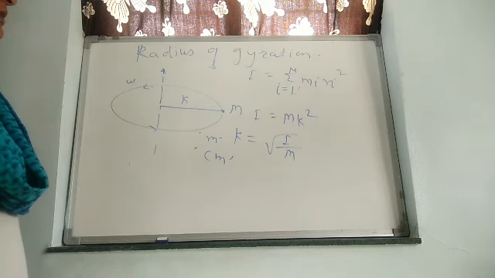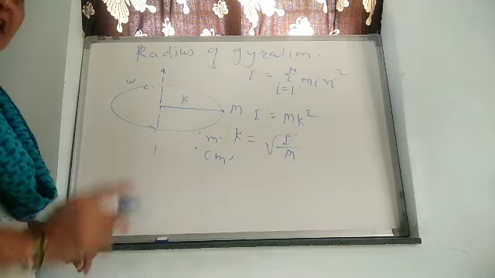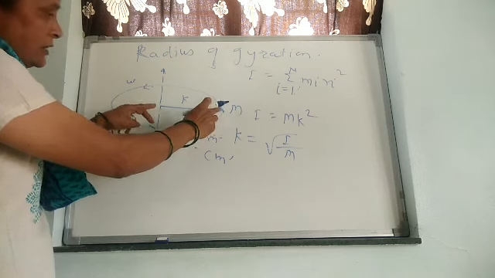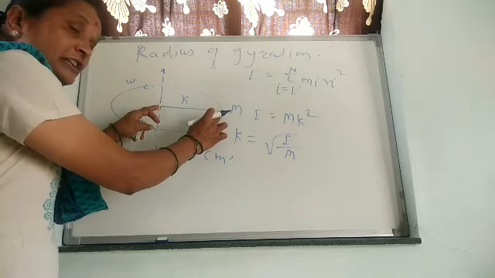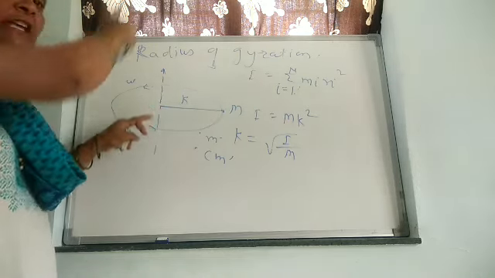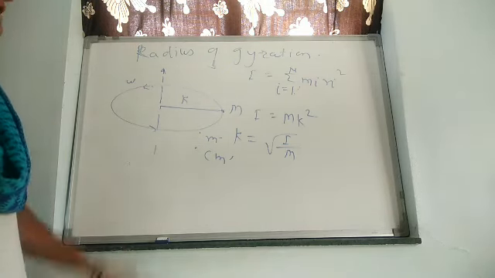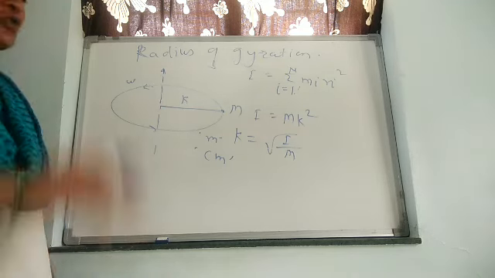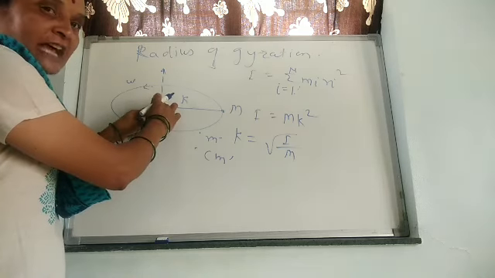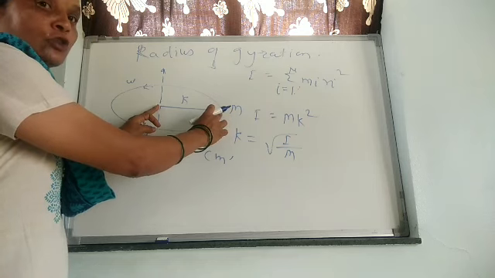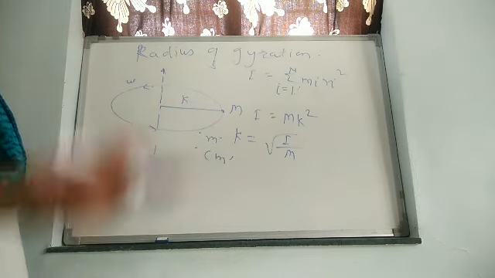What is the definition of radius of gyration? The radius of gyration of a body about an axis of rotation is defined as the distance between the axis of rotation and a point at which the whole mass of the body can be supposed to be concentrated so as to possess the same moment of inertia as that of the body.